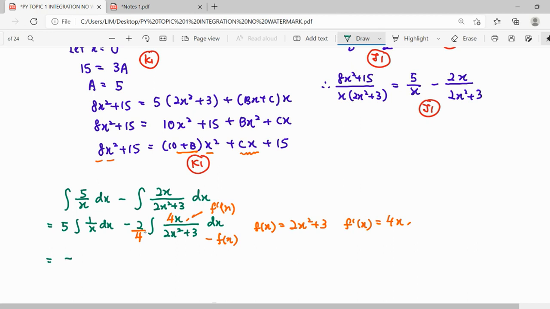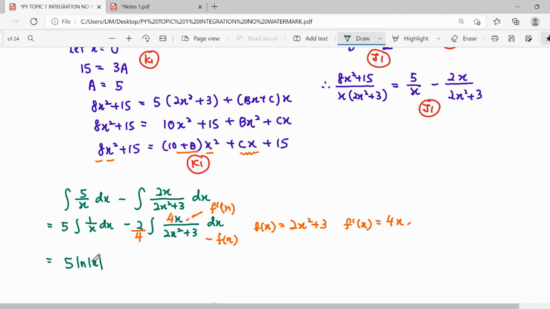Here, integrate 1 over x, it will become ln x, with modulus. Remember to put your modulus for the function to indicate that whatever ln brings here, it should be positive. Okay, we do not make our function undefined. So make sure everything ln brings here is positive.